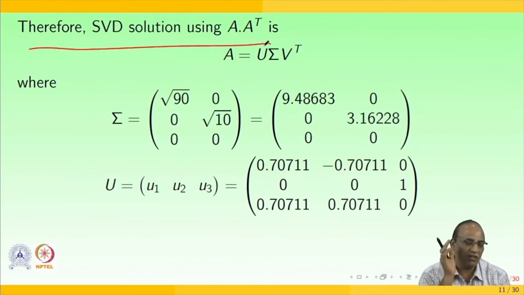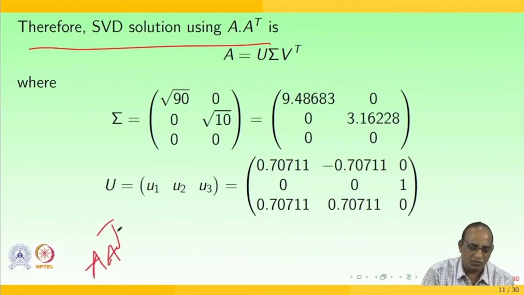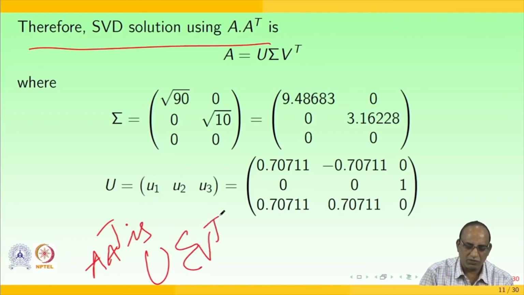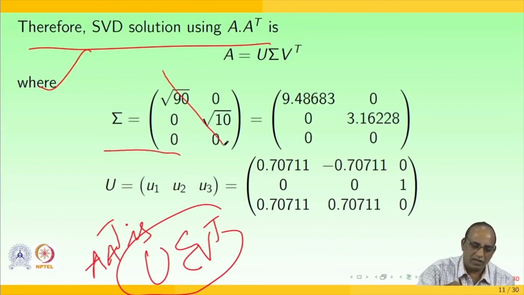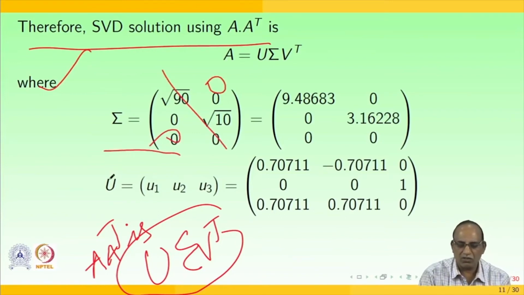Therefore, the singular value decomposition using the first solution is A, or A transpose, is given by U times sigma V transpose, where this sigma is equal to the diagonal values, rest are all zeros.